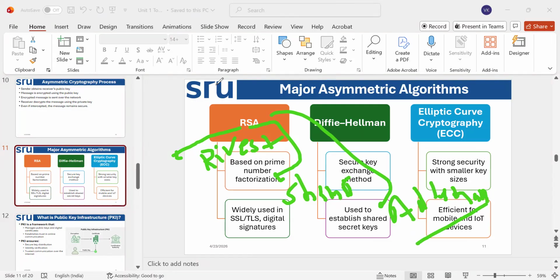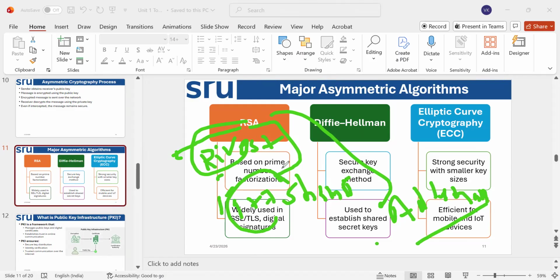This algorithm is a foundational asymmetric cryptography system used to securely transmit data over unsecured networks like the internet. It is named after its creators, Ron Rivest, Adi Shamir, and Leonard Adleman. That's why it's the Rivest Shamir Adleman algorithm. It was first publicly described in 1977.